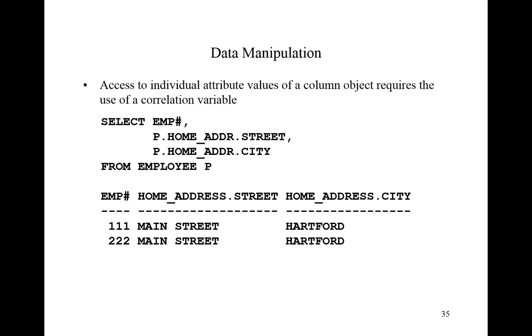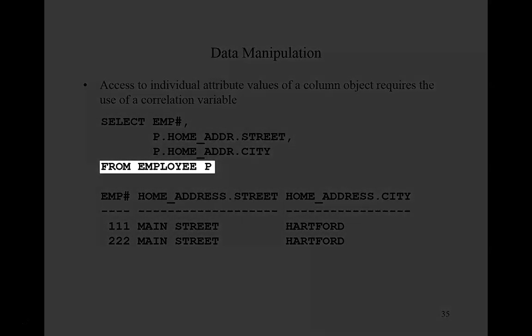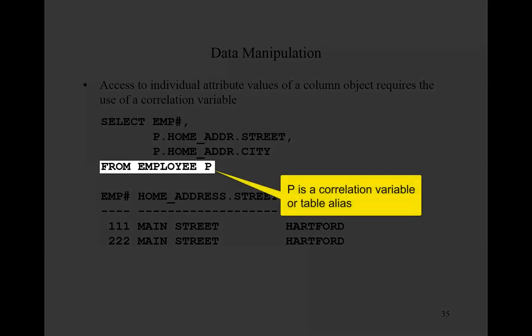In order to do this, we need a correlation variable. Observe in the from clause here, after the name of the table, which contains the column object, we introduce an arbitrary table alias or correlation variable. We call it P. This is a requirement.